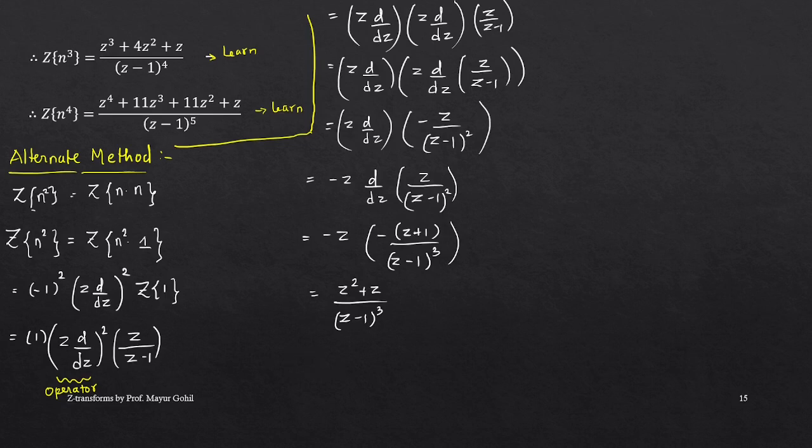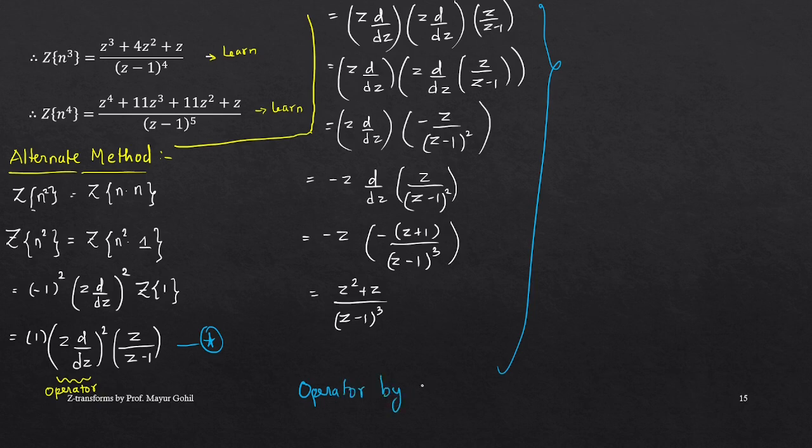Okay, so at this step I would like to tell you that there are two ways here. The method you just did, this whole thing, is called operator by operator.